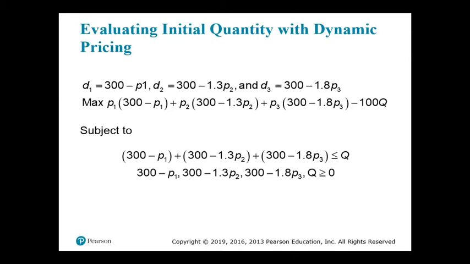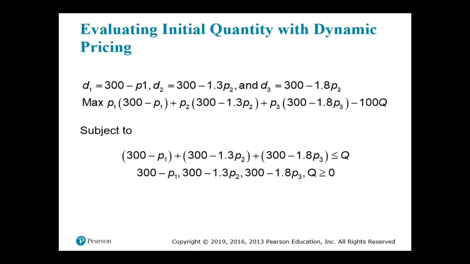So, for example, for the fashion retailer, this is how many clothing items to buy at the beginning of the selling season so that my profit is maximized, given that I have the flexibility to design my dynamic pricing strategy.